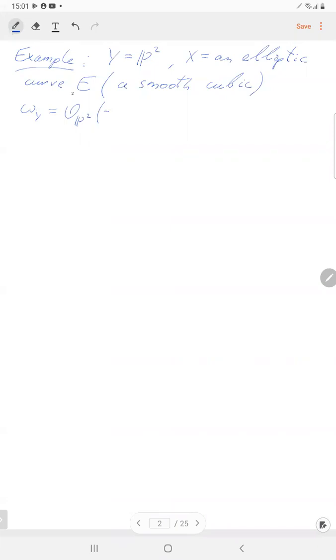Anybody remembers by any chance? Minus 3. Right. Thank you. And on the other hand, O_Y of E is what? Can anyone guess? O of 3. Right, it's O of 3 because E is a cubic, and it implies that the canonical line bundle of this elliptic curve is just trivial.